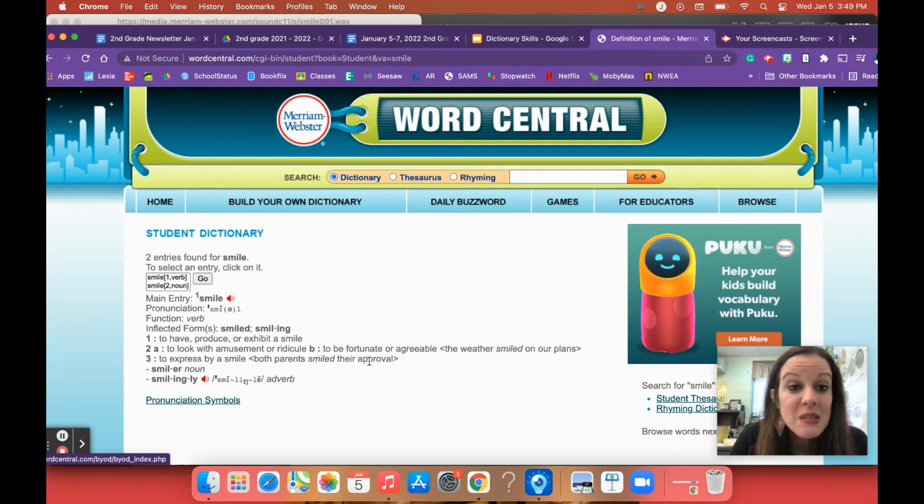Both parents smiled their approval. I have lots of definitions here for the word smile, but I like this one the best. To look with amusement or ridicule.